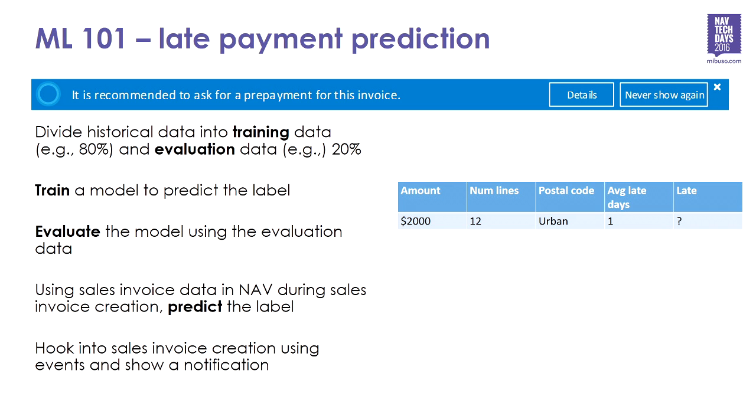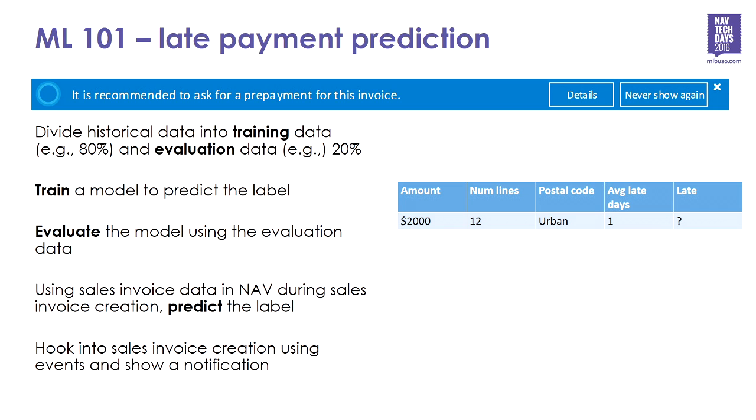And then you use the 20% to test if you actually get the right label compared to what you had in the historical data. If you're satisfied with the properties of the predictions, then you're ready to put this model into production.